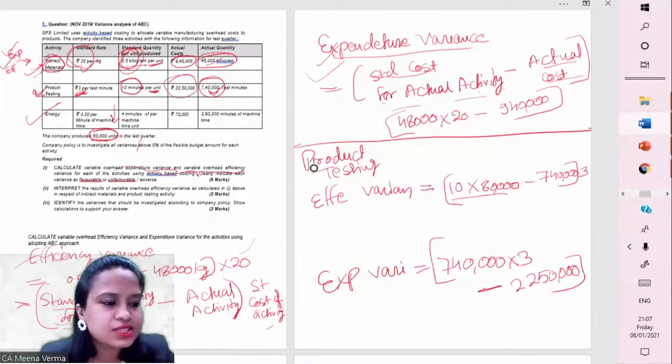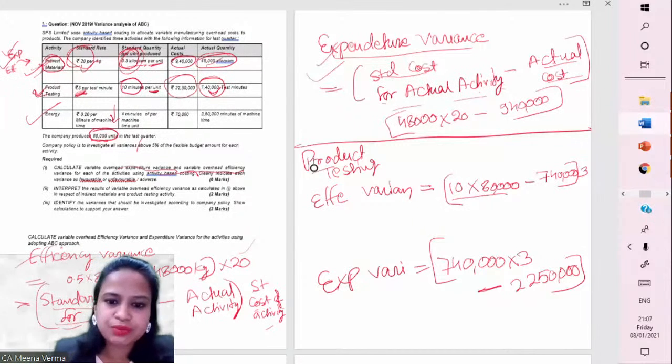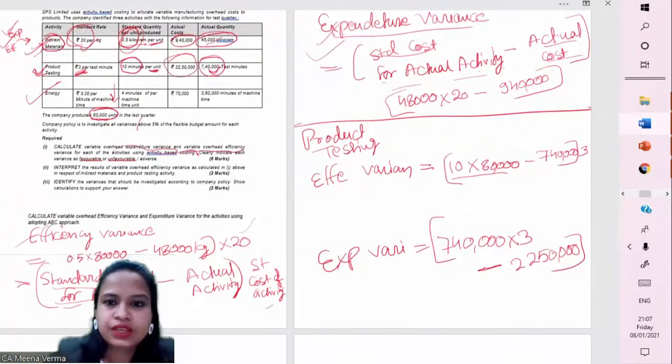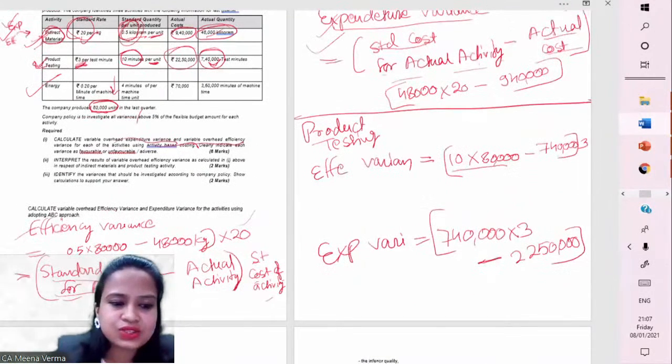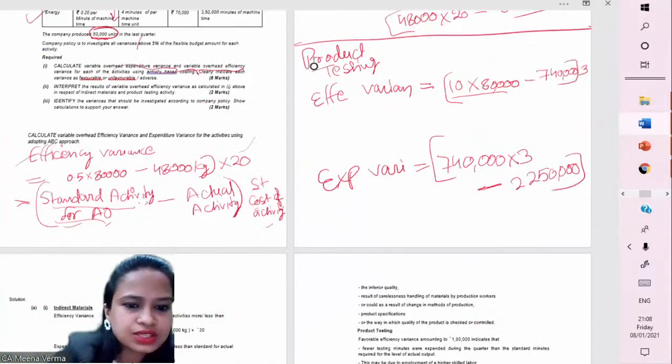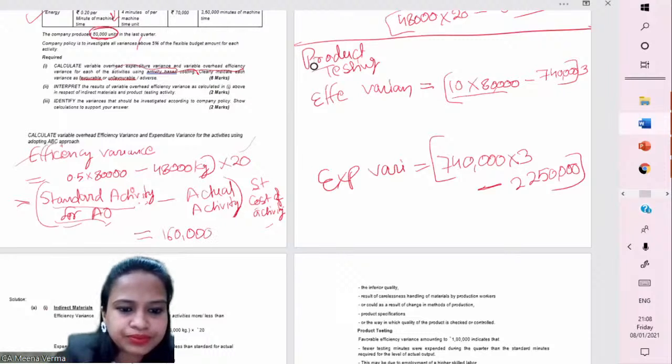Can you interpret the result? They have asked you to interpret the result also. See, if you consider these two things, expenditure and efficiency variance, you will get what? This is an adverse variance. This is what? 160 adverse.